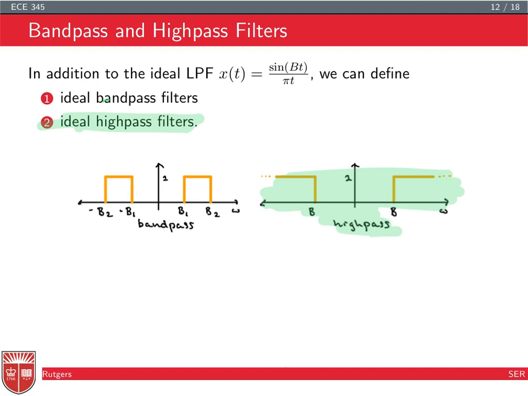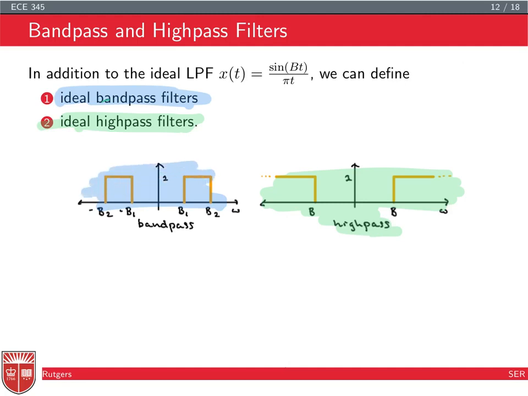It can be anything. As long as it lets frequencies greater than a certain threshold go through, then it is a high pass filter. Now a bandpass filter lets frequencies in a certain interval go through. So here it lets frequencies between B1 and B2 go through.